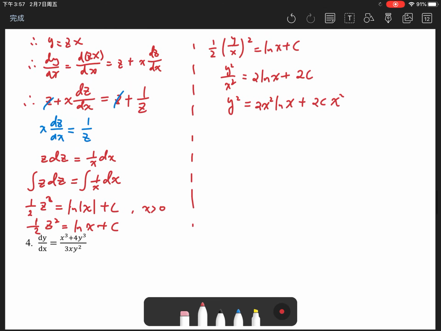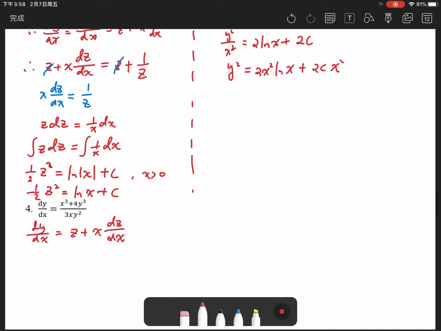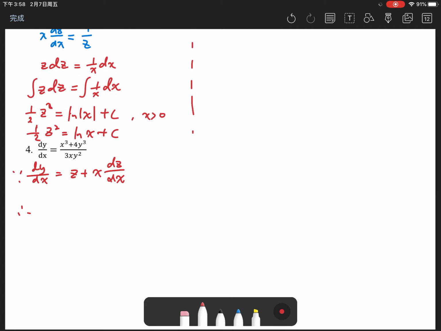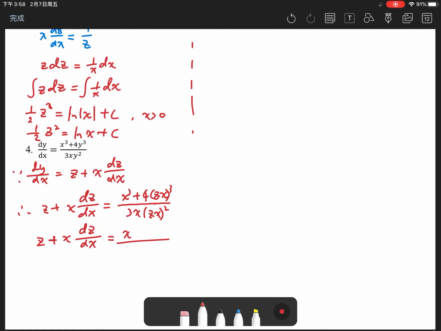Dy by dx, as we found, is z plus x times dz by dx, and we get z plus x times dz by dx equals x cubed plus 4y cubed, where y can be written as zx, over 3 times x times (zx) squared. Simplify it.